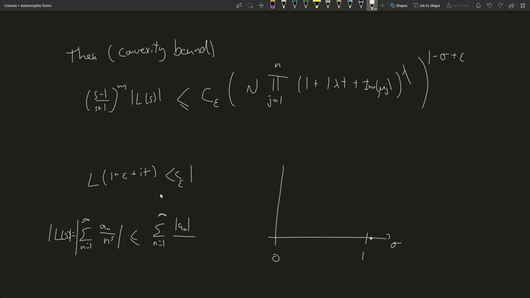You still converge because it's assumed that L converges absolutely. So essentially there's no possible growth if you converge absolutely as t goes to infinity.